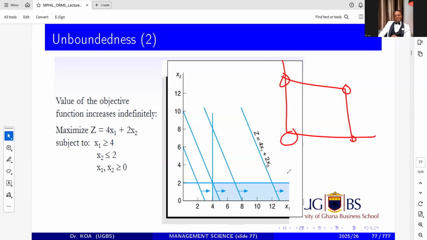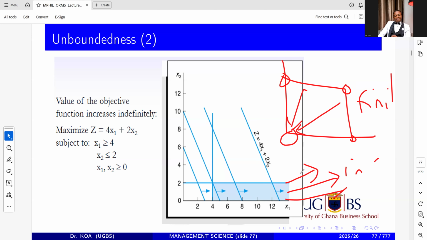But these ones are rather bowed out. You can see that they are popping out of the origin. The arrow shows they are going away from the origin. But this one means they are closed towards the origin. This one is finite. This one is infinite.